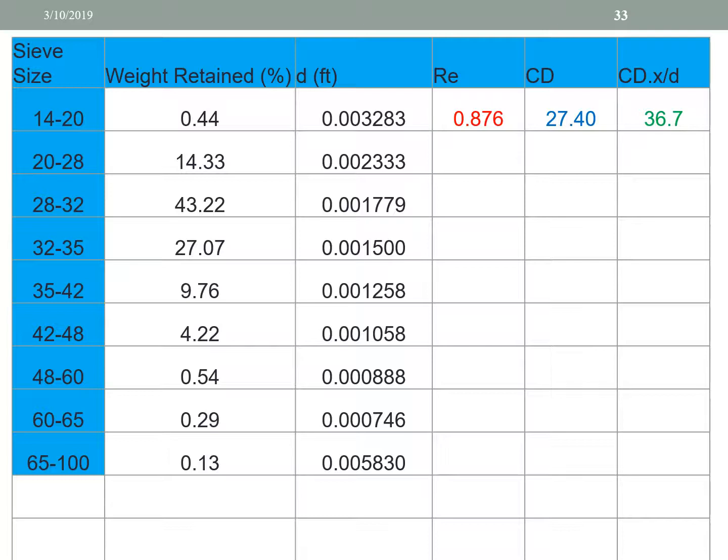Now for the second sieve, exactly the same as this one, go and find Reynolds number. Please pause your video here and go back to the previous slide and see how we calculated. The difference here, as you see, for Reynolds number is the diameter. Everything is the same except diameter.